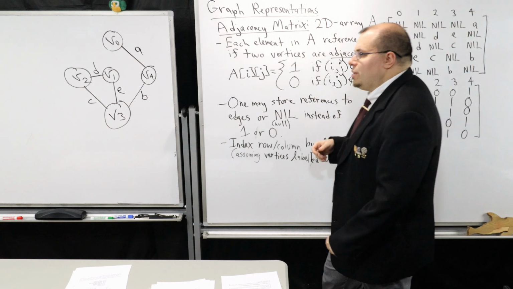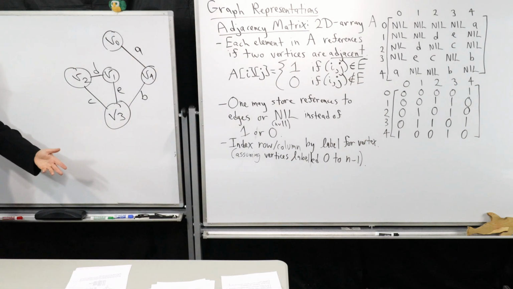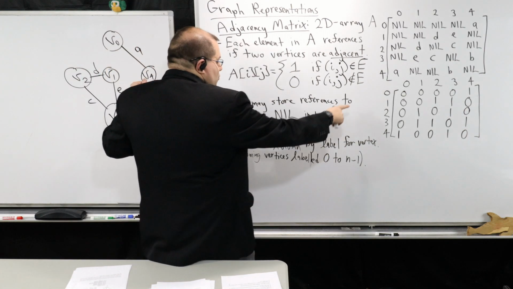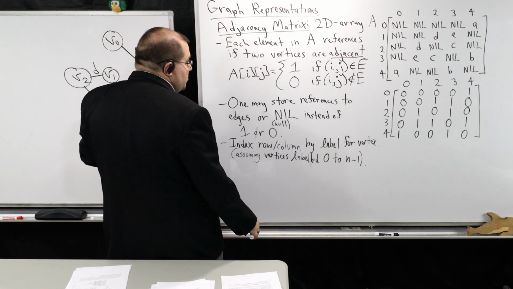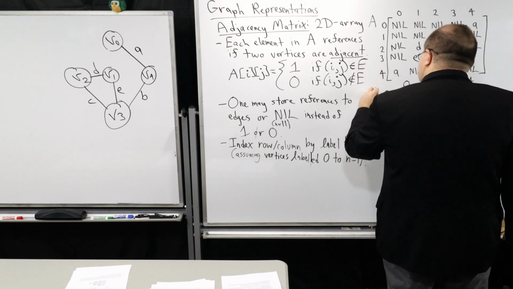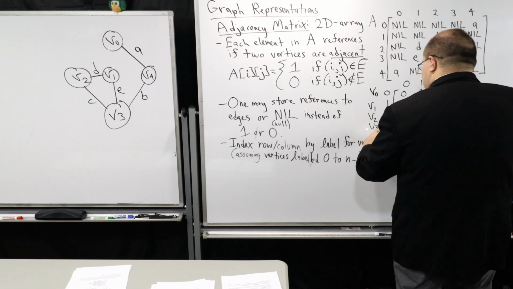So very often you'll relabel the vertices from 0 to n-1, where n is the number of vertices. As a quick example, each one of these, if I have V0, this is V1, this is V2, this is V3, and this is V4.